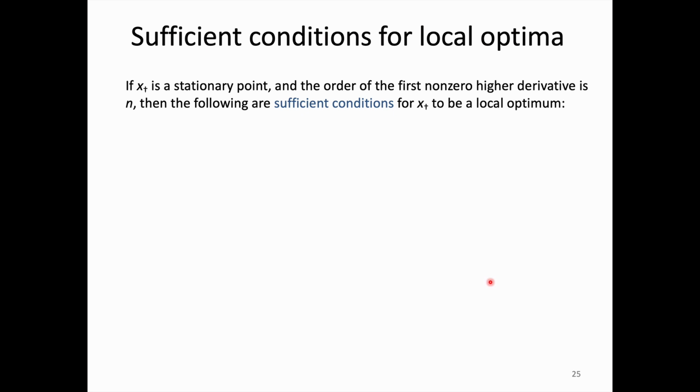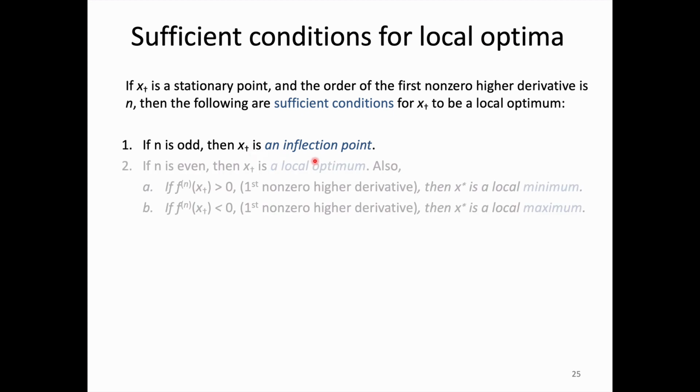If a point is a stationary point and the order of the first non-zero higher derivative is n, then the following are sufficient conditions for x dagger to be a local optimum. So it has to be a stationary point to start off with, and then we need to look at these other conditions. If n is odd, then we are looking at an inflection point.